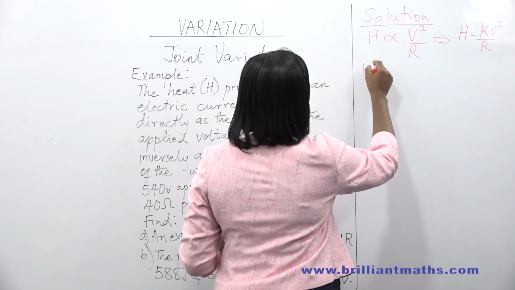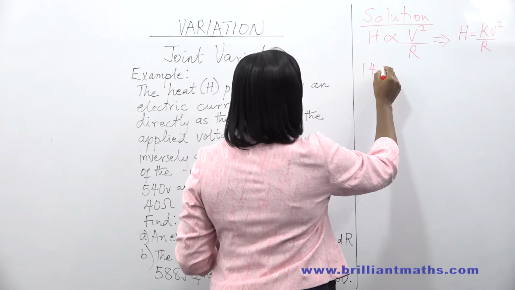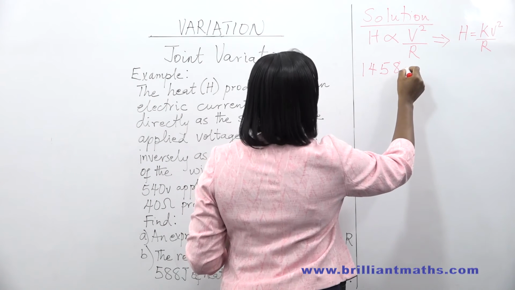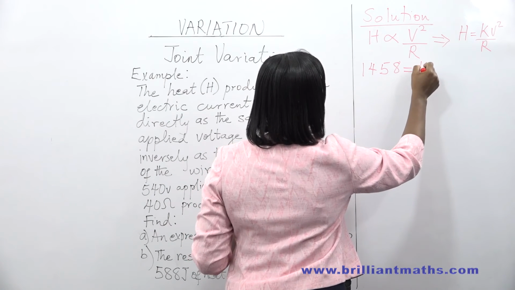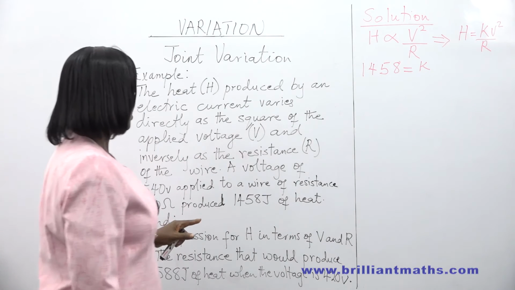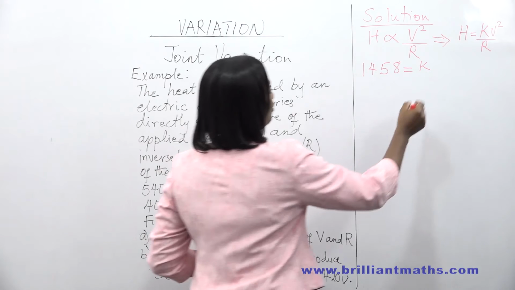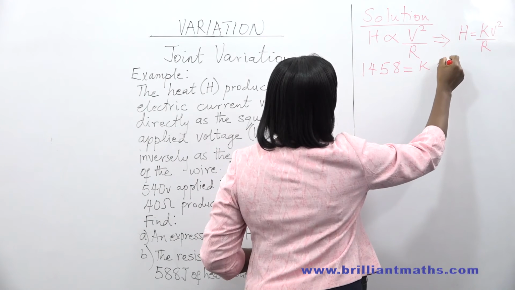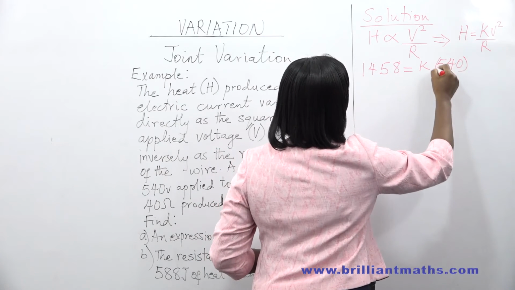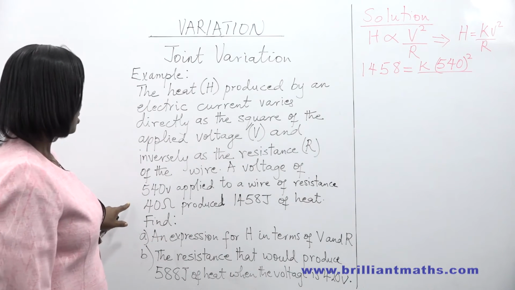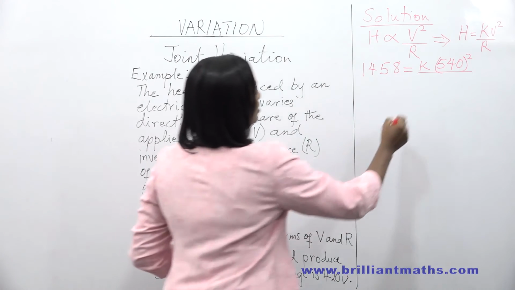We have 1,458, which is our H, is equal to K. What's the voltage? 540 V, and it's going to be 540 squared, because it's V squared, all over the resistance, which is 40.